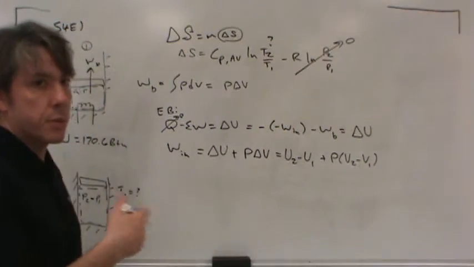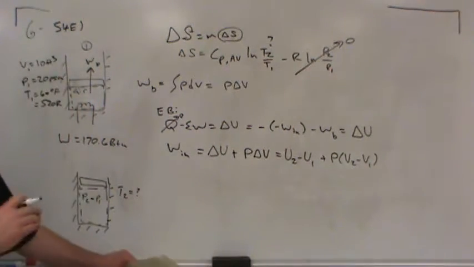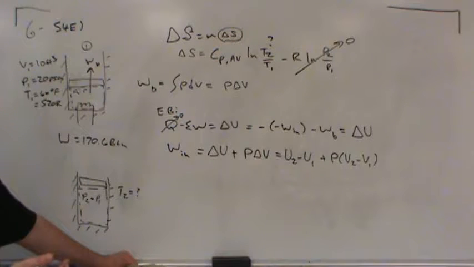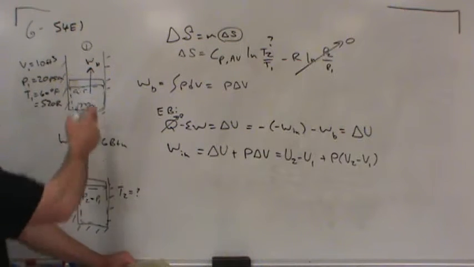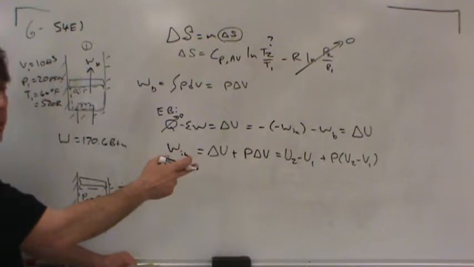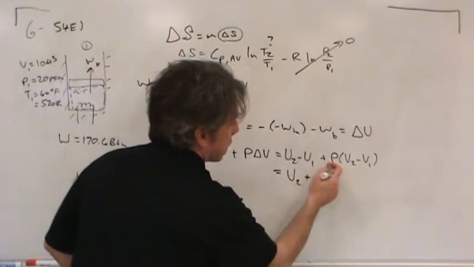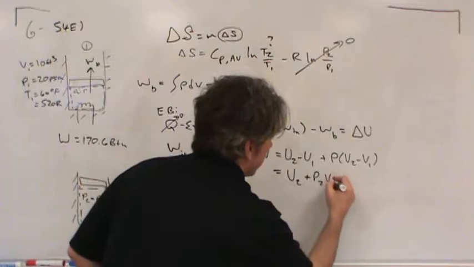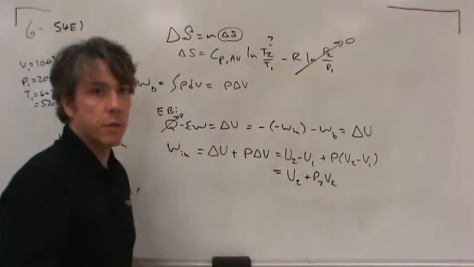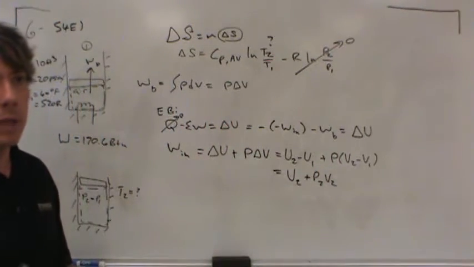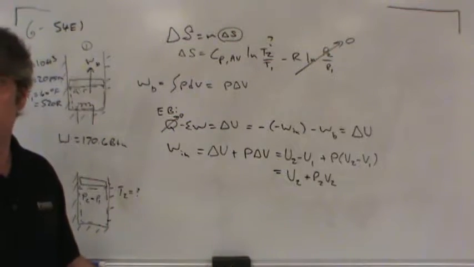Okay, now this is a common trick you'll see. Anytime there's a constant pressure process, you'll see the boundary work be combined with the internal energy change. Let me show you what happens. U2 plus, now if I distribute this, it would be P2 V2. I could write it as P2 V2, right? It doesn't matter if it's P1, P2, or just P. It's all the same pressure.